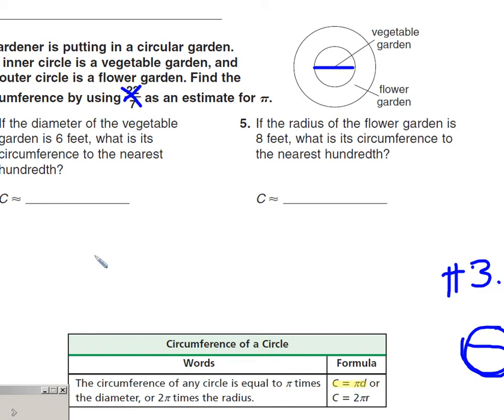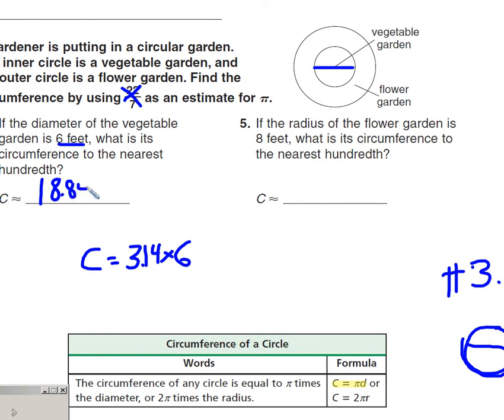So in this case, the circumference is 3.14, remember, we're just getting an estimation, times 6. And I'll let you use your calculators. Just pump these out. 3.14 times 6. And I get 18.84. So we got it to the nearest hundredth.